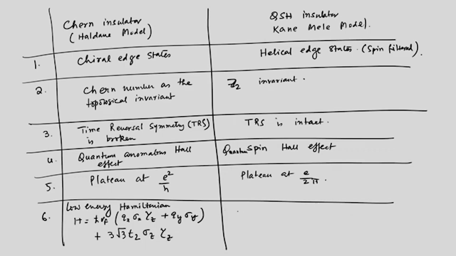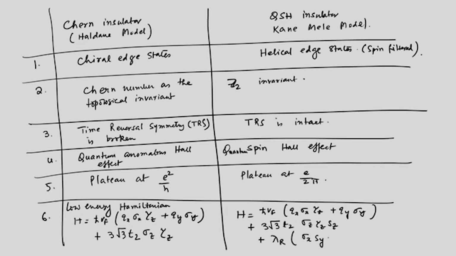And similarly, the low energy Hamiltonian is h-bar vF qx sigma x tau z plus a qy sigma y, plus this 3 root 3 t2 sigma z tau z sz, that's the spin, and plus a lambda R and sigma x sy tau z minus sigma y sx.